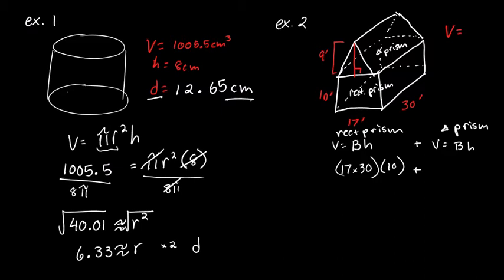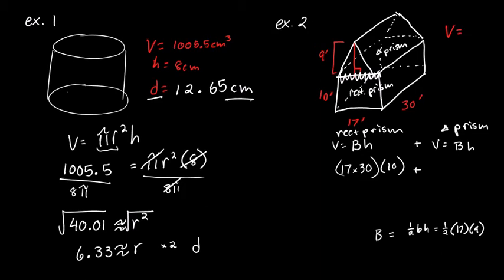And if I add these together, for the area of my base, I need to make sure that for this one I actually properly identify my base. My base is a triangle here, so for the area of my base, I need to take 1/2 little base times the height, which is 1/2 times the base of this triangle right here, which is actually still 17 feet, times the height of that triangle, which is 9.